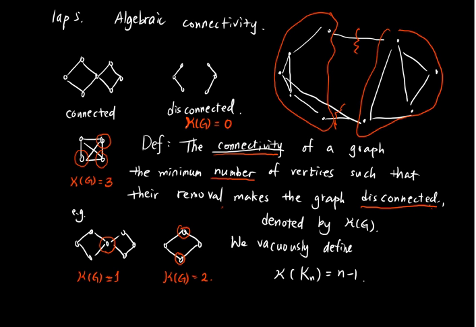Now, in this lesson, there is only one, maybe two key points, but let's make the definition about the title, the algebraic connectivity. Let's say G is a graph, and L is its Laplacian matrix.